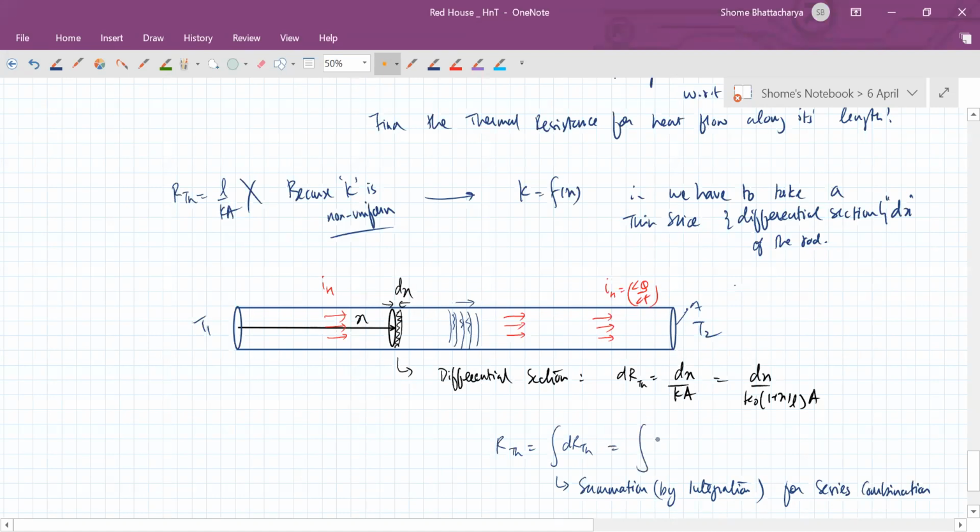So that is integration of dx upon Ka from x equal to 0 to x equal to L. So that is integration of dx upon K naught 1 plus x by L into A from x equal to 0 to x equal to L. Okay. So now just complete this integration and find out how much is the thermal resistance.